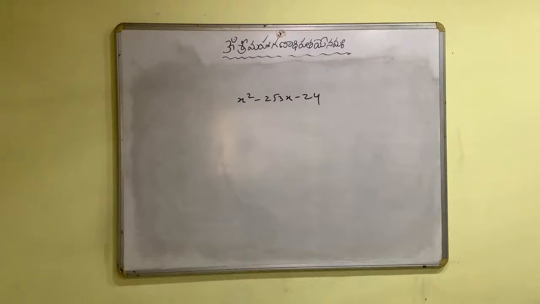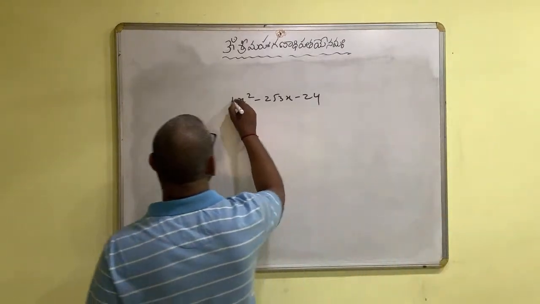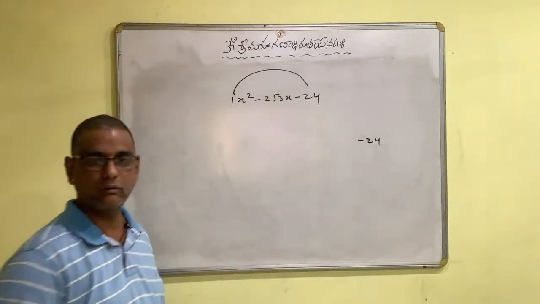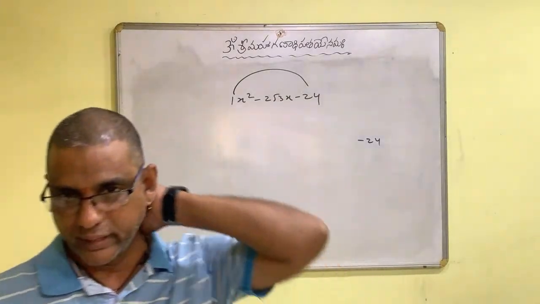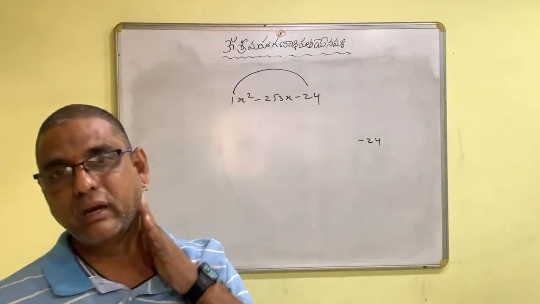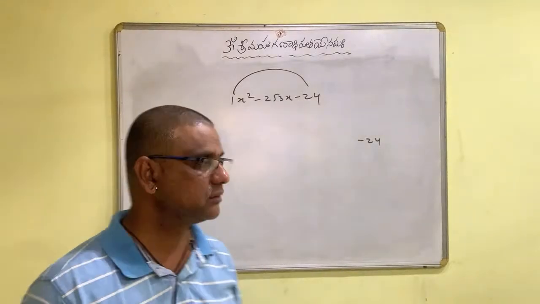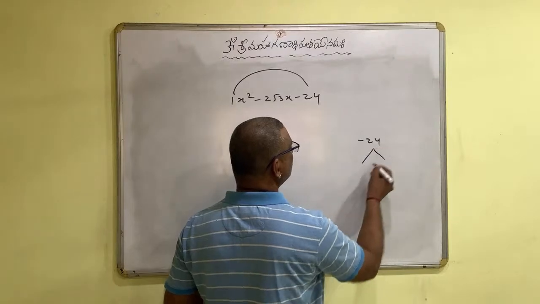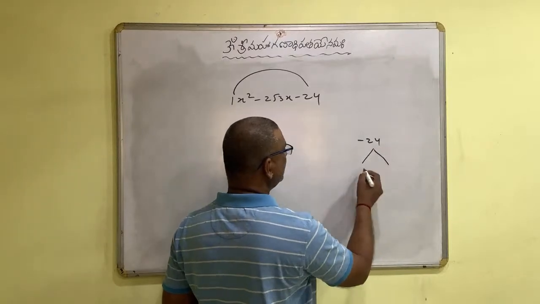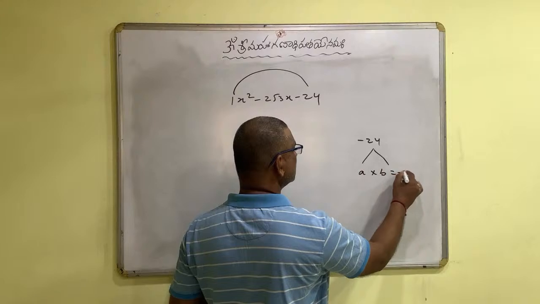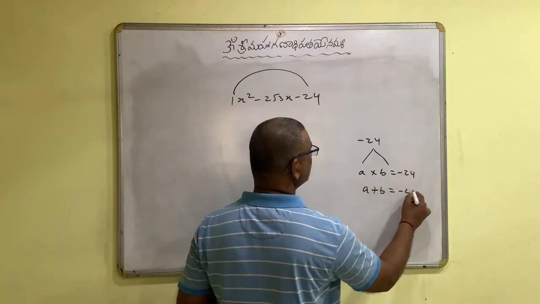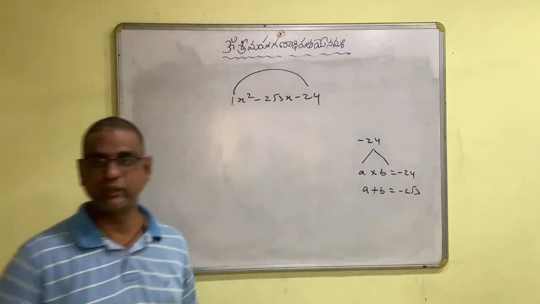Here 1 into negative 24, negative 24. Now you need to divide negative 24 into two numbers, but the sum is negative 2 root 3.